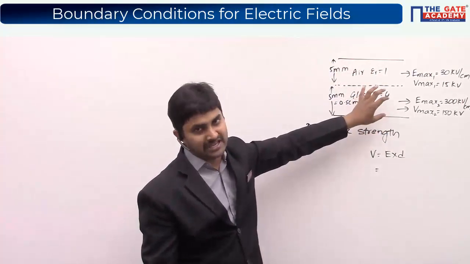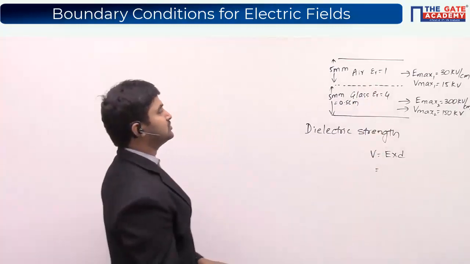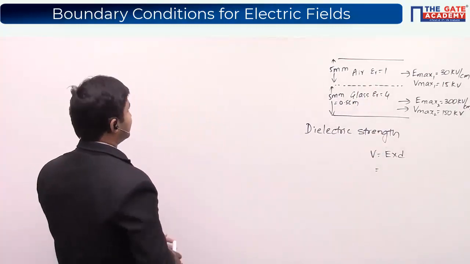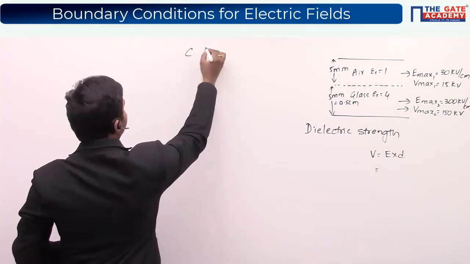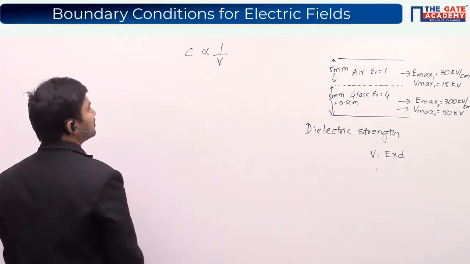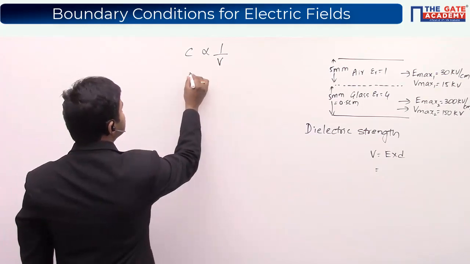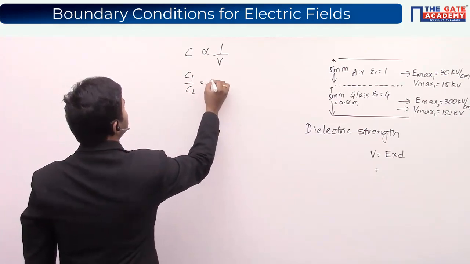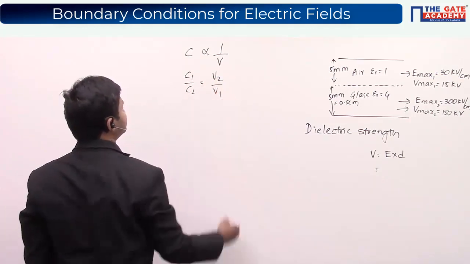The other day we have seen that the capacitance is inversely proportional to the drop voltage in the series case. So C1 by C2 is equal to V2 by V1.